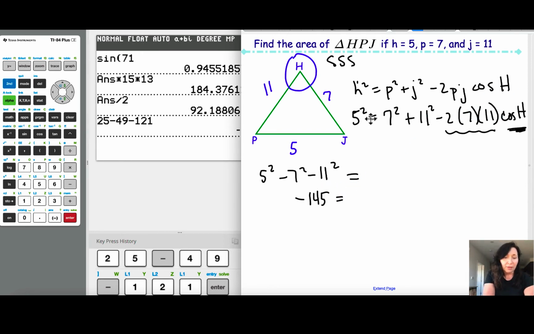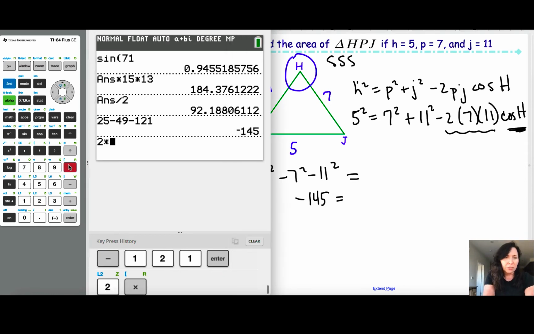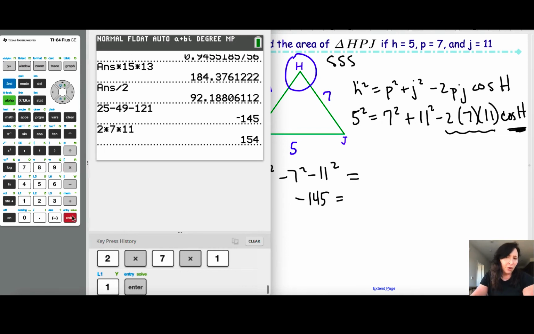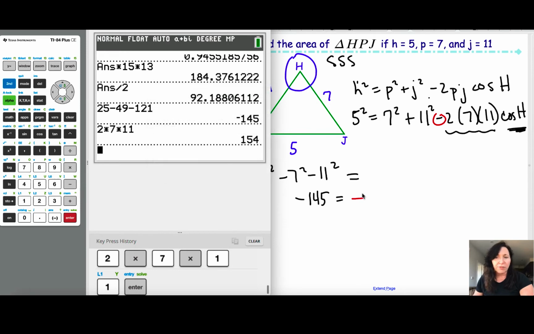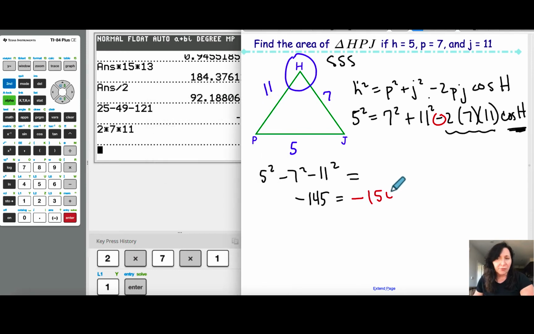So on the left side, again, on my calculator, I'm going to find 2 times 7 times 11, and that gives me 154. But remember that this is negative. So this is negative 154, and this is cosine of H. So now I do have to divide by negative 154 on both sides to find the angle.